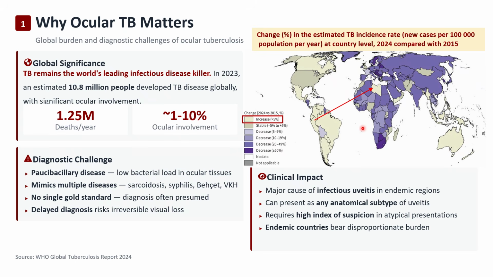When you find a patient with unilateral granulomatous uveitis and other findings suggestive of tuberculosis, along with screening for tuberculosis like the tuberculin test or the IGRA test, we have to notify the authorities and take action regarding the treatment of this disease.